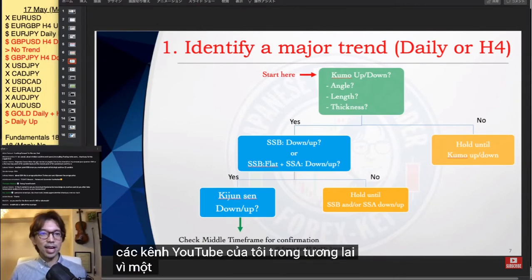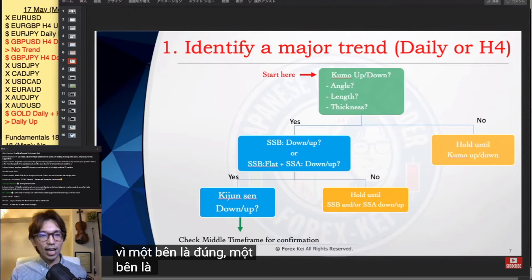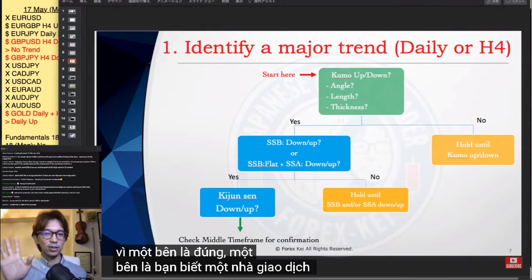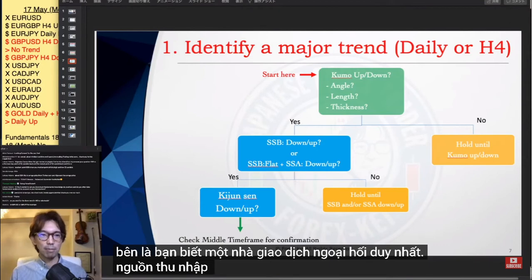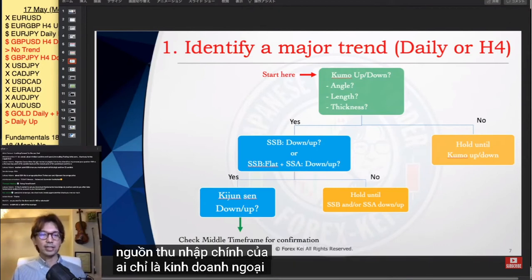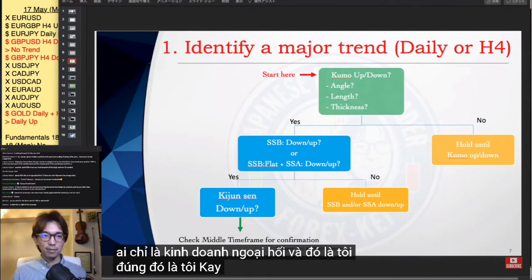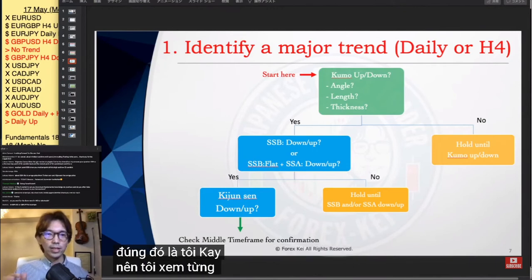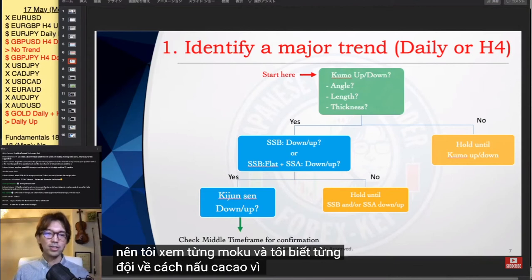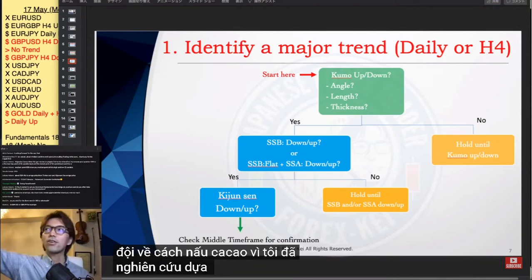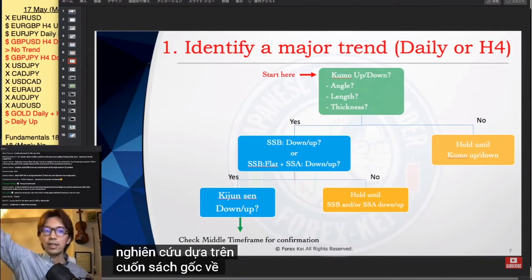On one side I am one single Forex trader, whose main source of income is only Forex trading, and that's me, K. I look at Ichimoku, and I know Ichimoku Kinko Hyo because I have studied the original books of Goichi Hosoda.